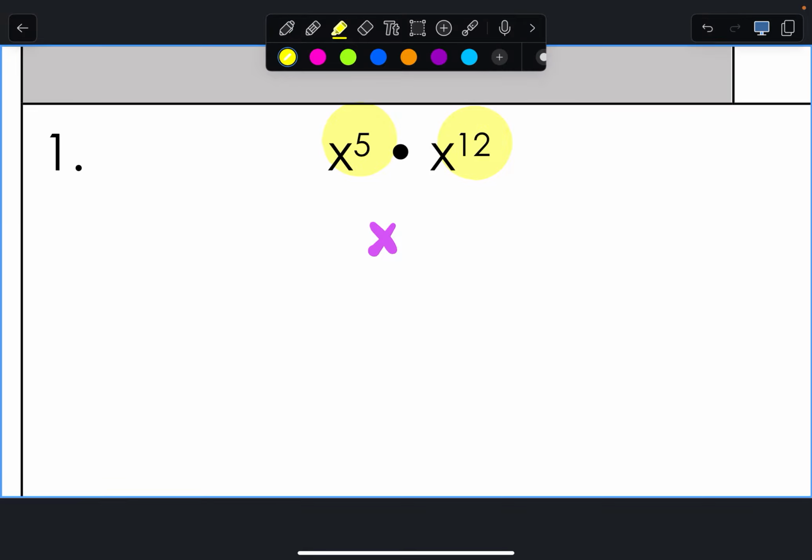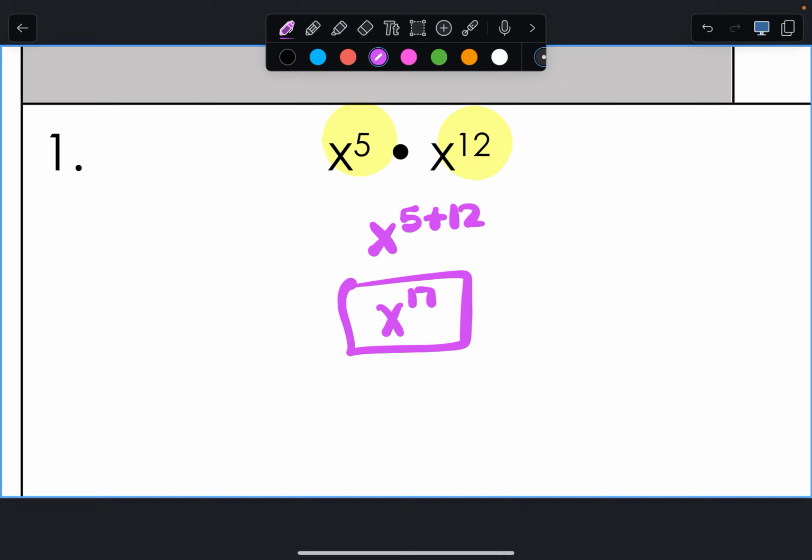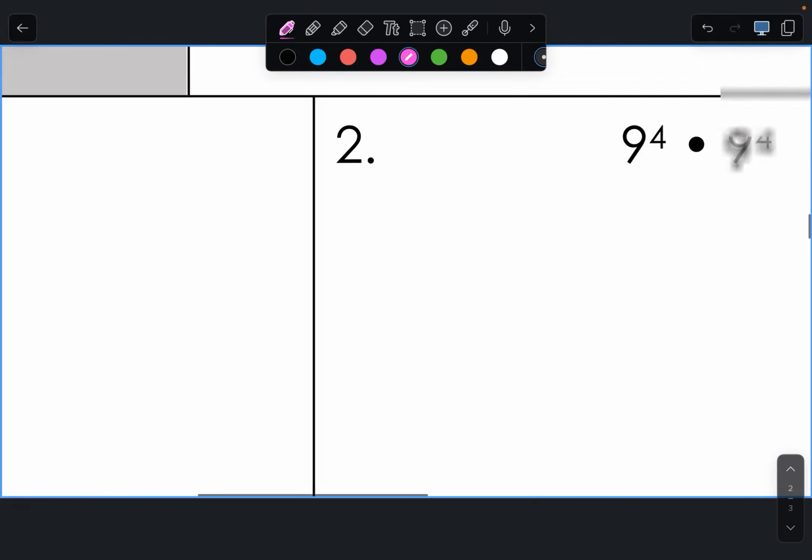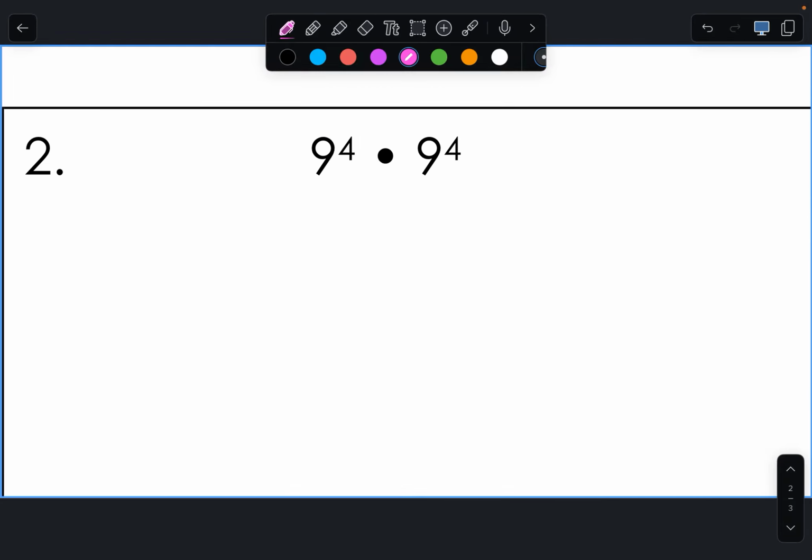When expressions contain different bases, so now when you have more than just y or more than just a 3, when you have 3 and y in the same problem, what I have found over the years to be more helpful is to group the powers with the same base. Create groups. You're going to multiply the coefficients, because the coefficients are not exponents.